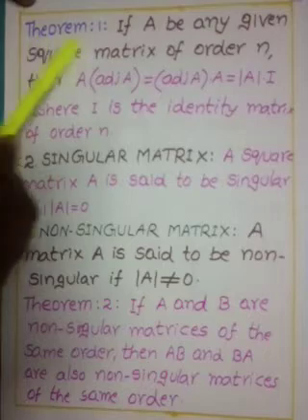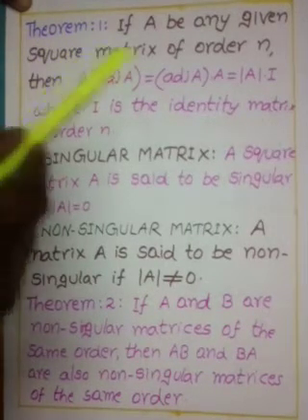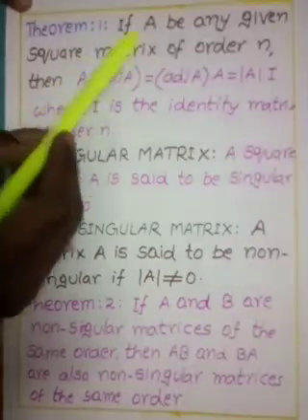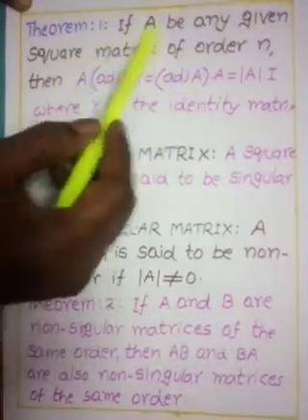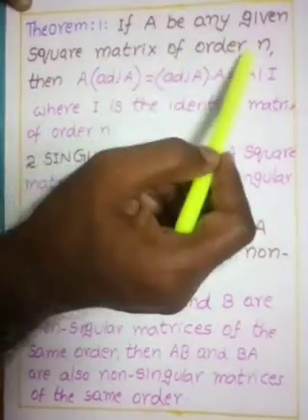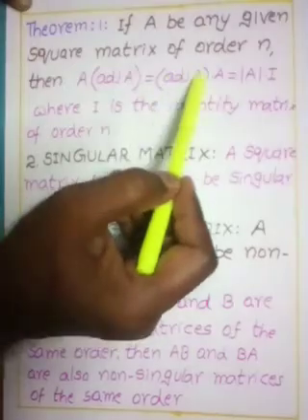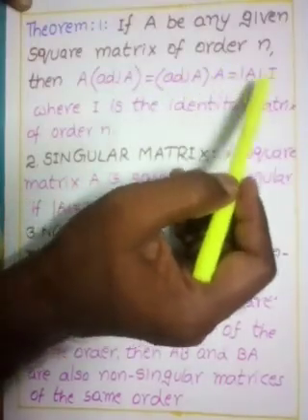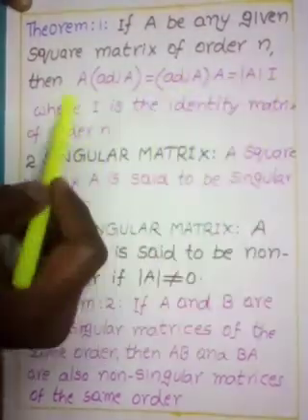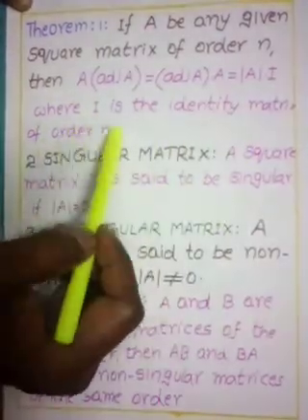Now, see this is theorem 1. We don't prove this theorem, just remember this point as a formula. If A be any given square matrix of order n, then A into adjoint A is equal to adjoint A into A is equal to det A into I, where I is the identity matrix of order n.